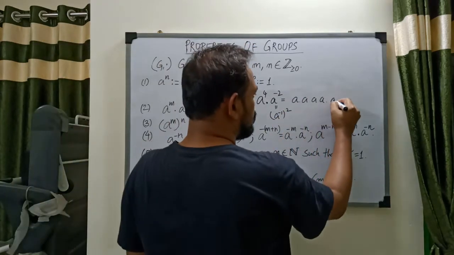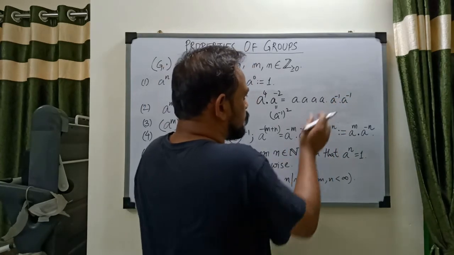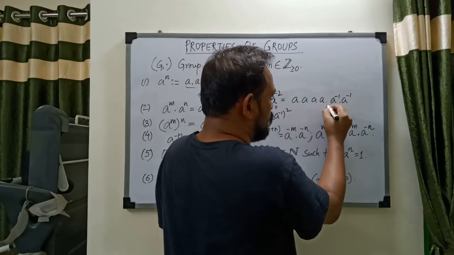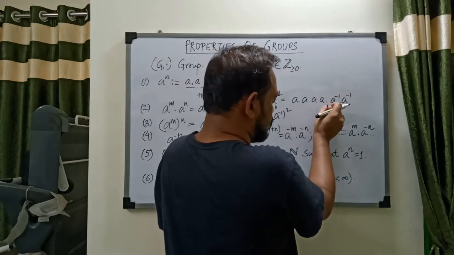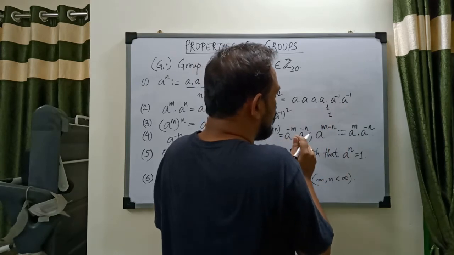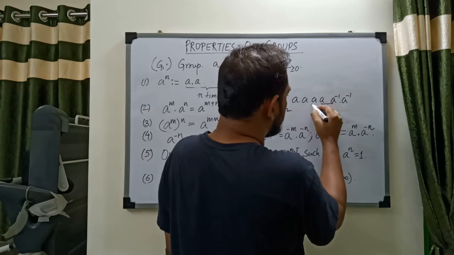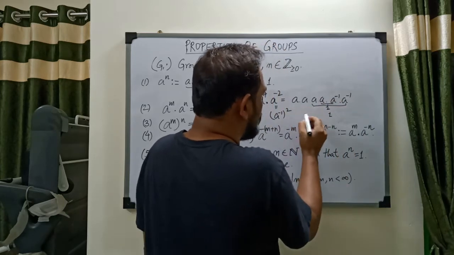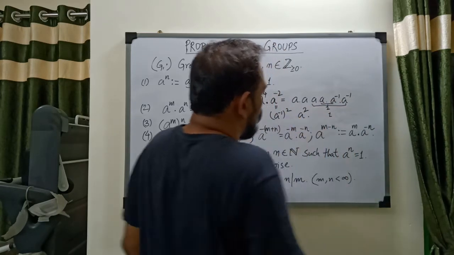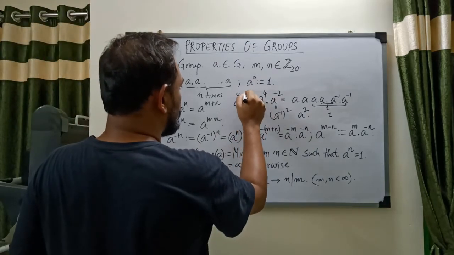Again, you can use the associativity to get rid of this one to make it 1. That collapses. Then you get rid of these 2. That collapses to 1. And so finally, these are gone, these are gone, and you are left with A squared. And that's just A to the 4 minus 2.